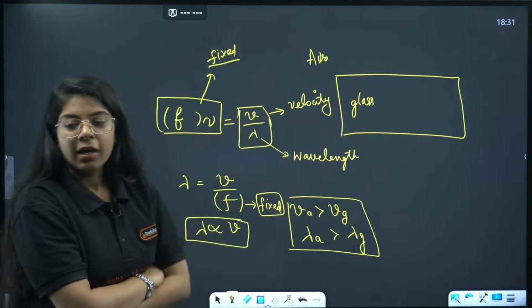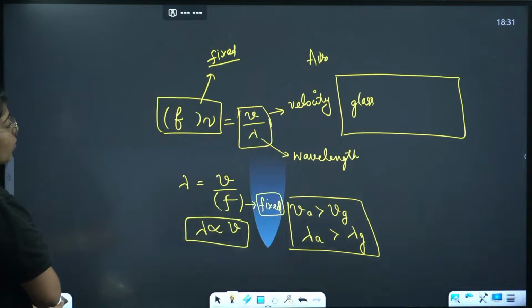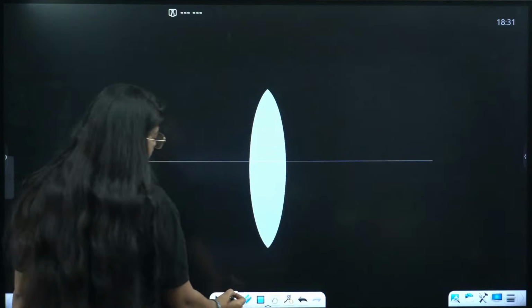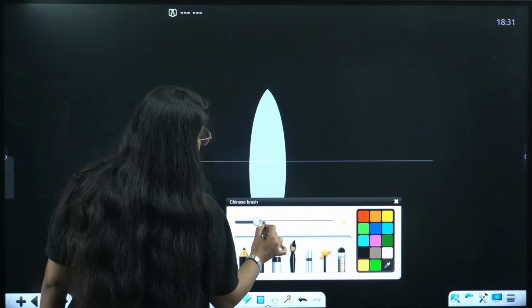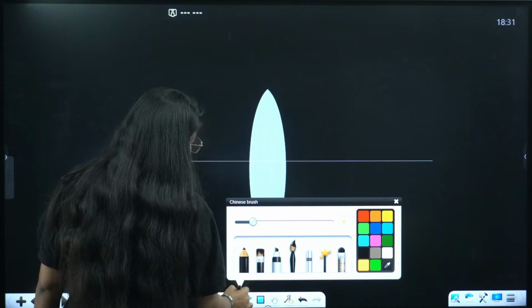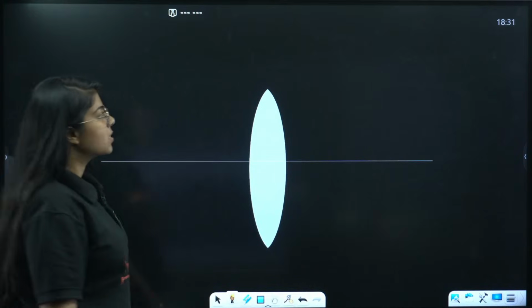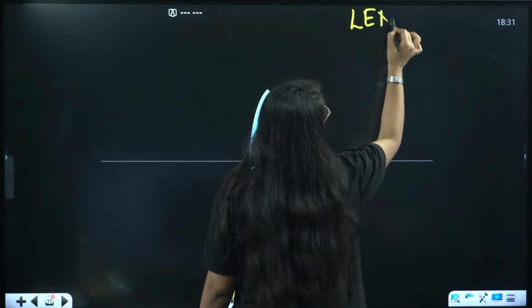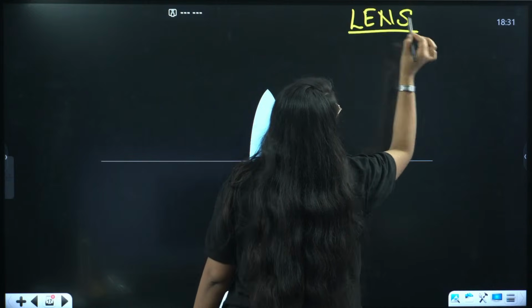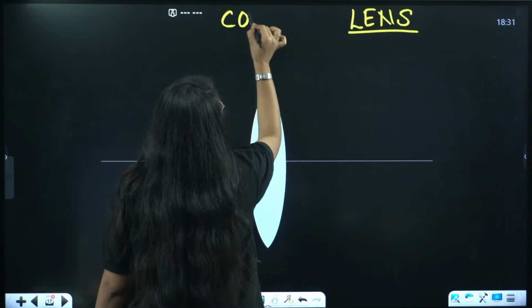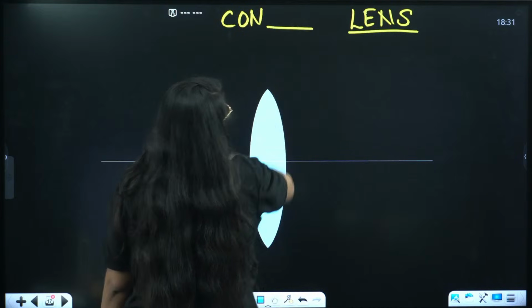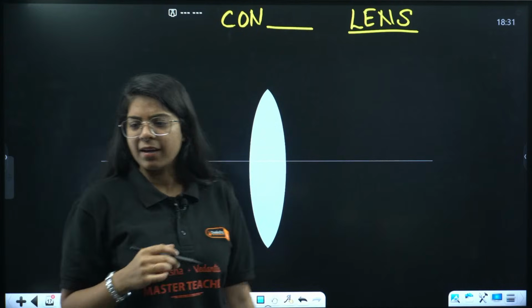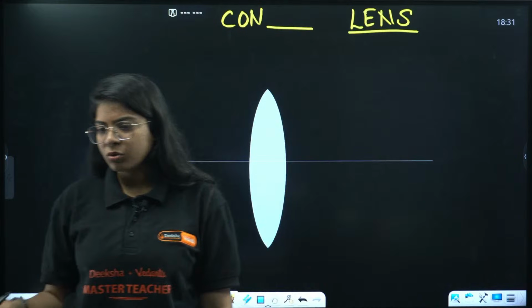Next, let's move on to refraction, and we'll start with the very first: which lens is this? Quickly tell me, convex lens or concave lens? Fill in the blanks.